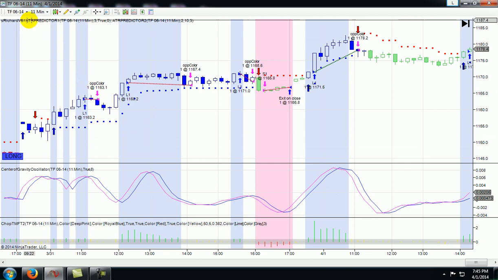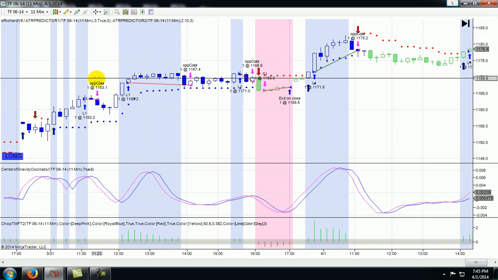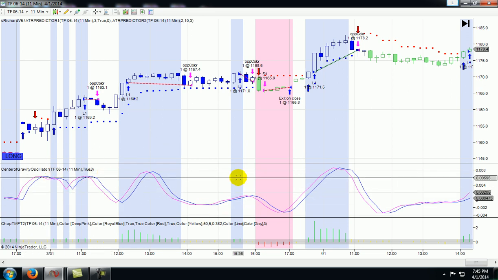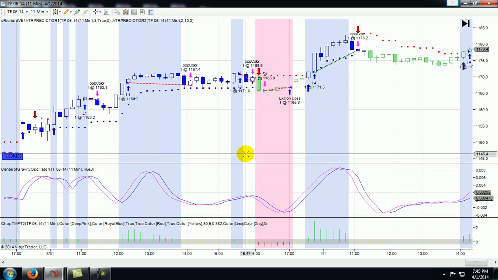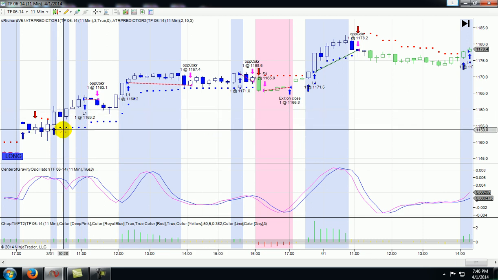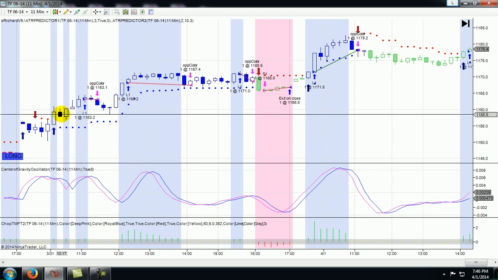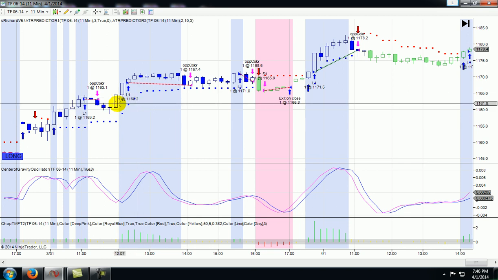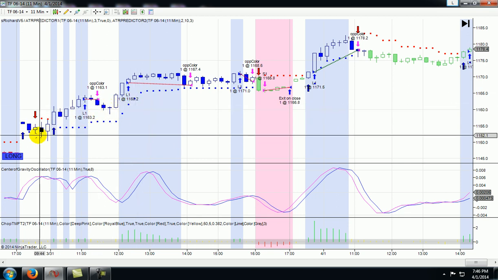One is called an ATR predictor, and the other one here is my center of gravity oscillator. I've just overlaid the ATR predictor on here because I wanted to show you this is something else I've been working on.